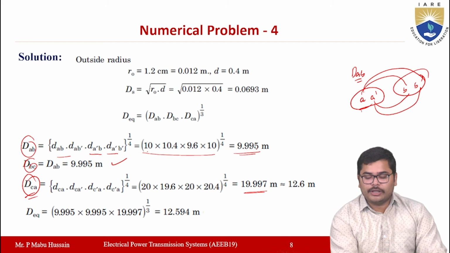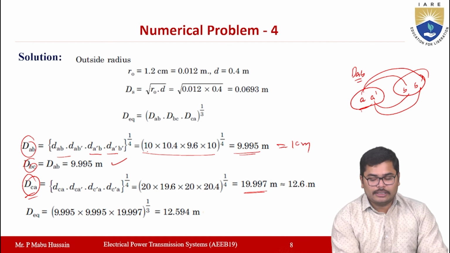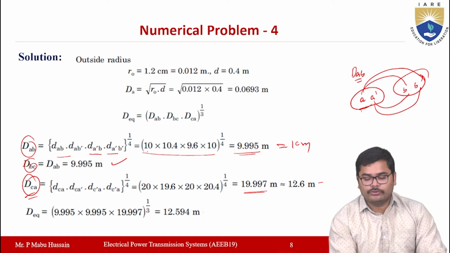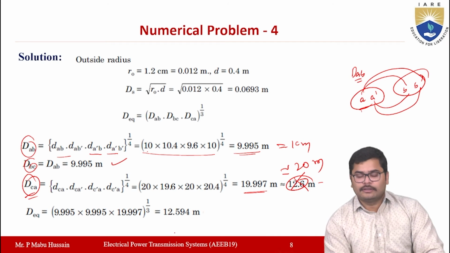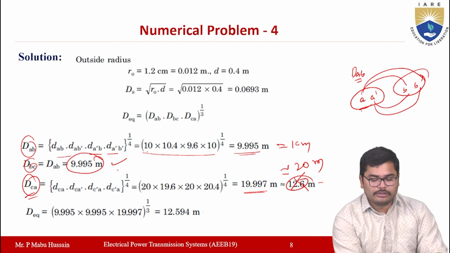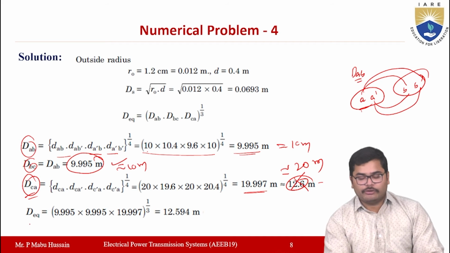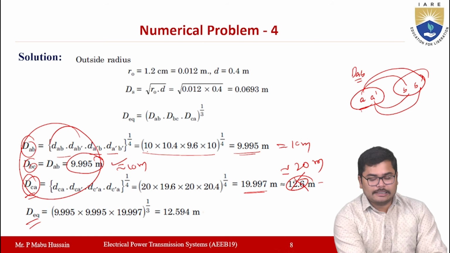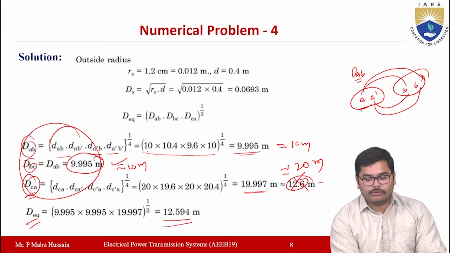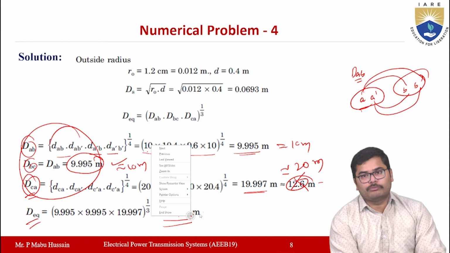This 9.995 is approximately equal to 10 meters, and this value is approximately equal to 20 meters. So you will get the same again. So D equivalent, if you use this method, the value you get is 12.594 meters.